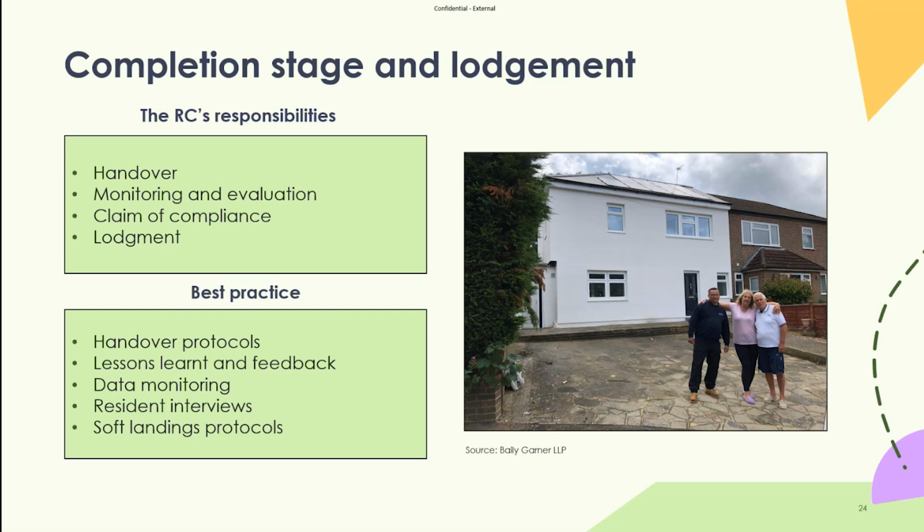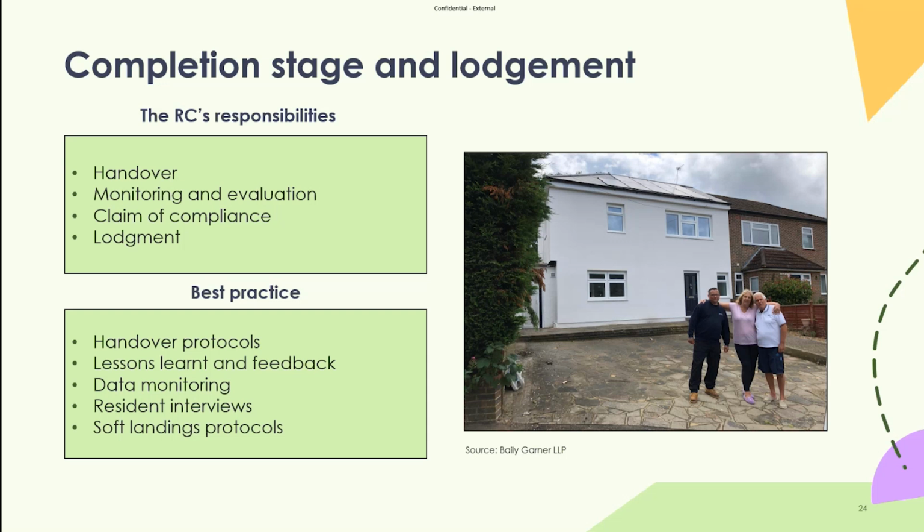We take handover of all of those measures that have been installed, really make sure that they're all functioning, etc., etc. In terms of best practice around that, again, agreeing the protocols that will form the processes that sit behind it. So what's the handover process?